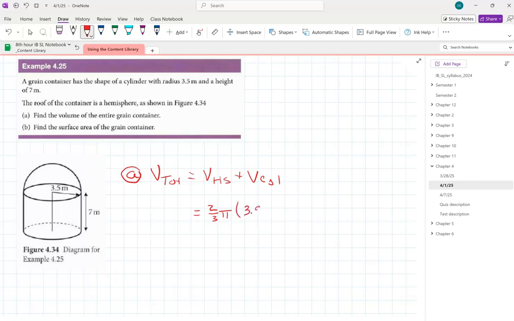The radius there is 3.5, it tells us. Plus the volume for the cylinder, which is pi r squared times the height. Everybody feel okay there?